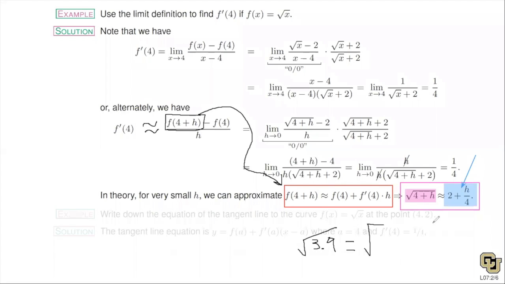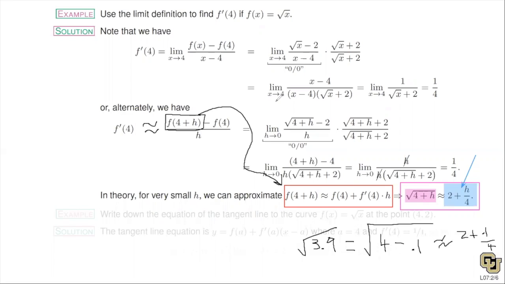Well, the square root of 3.9 is the positive square root of 4 minus 0.1, which according to this formula, I can approximate as 2 plus 0.1 over 4. Okay, so 1/4 is 0.25. So 0.1 over 4 is 0.025.